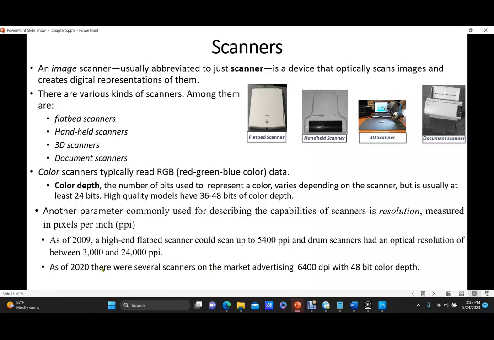As of 2020, there were several scanners on the market advertising 6,400 dots per inch and 48-bit color depth.